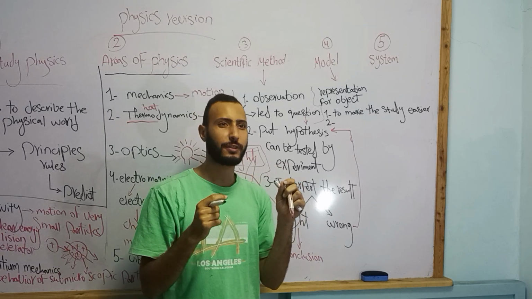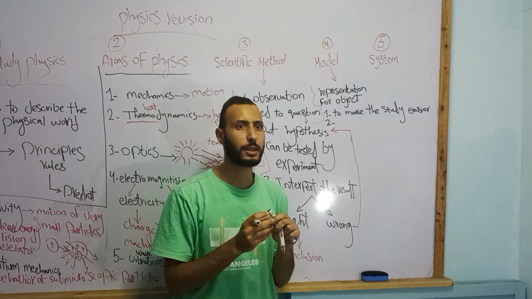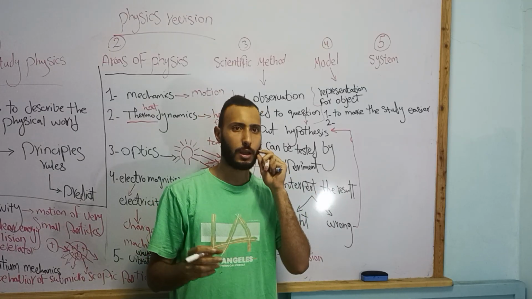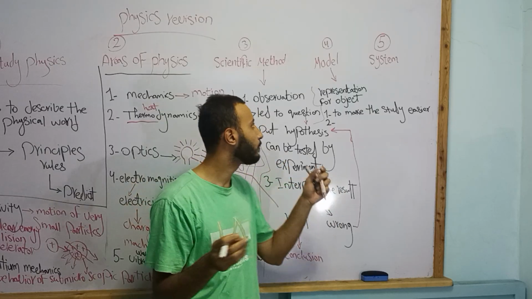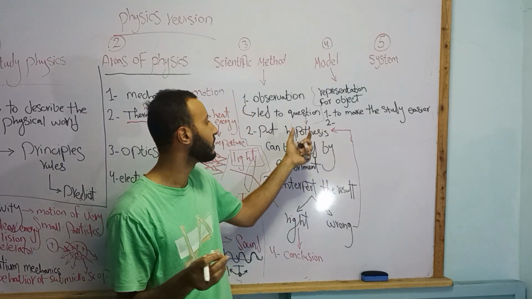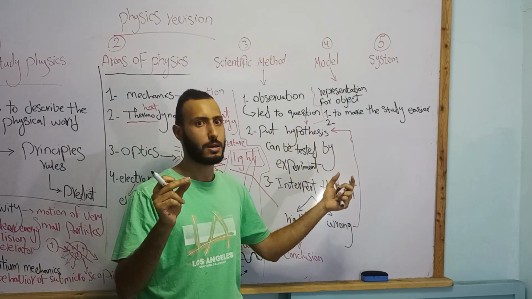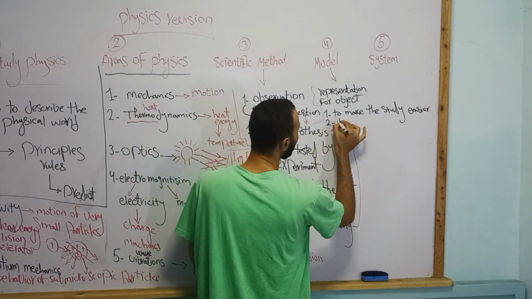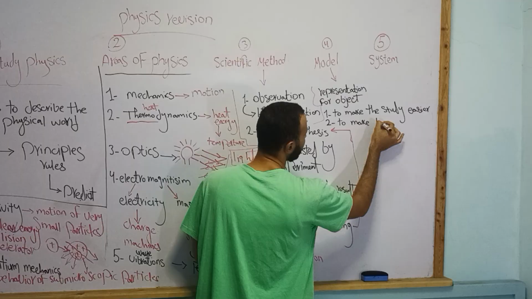So what if the orbit was an elliptical orbit? What if the orbit was a circular orbit? Many questions will come to your mind. So because of that, by the model you can make a hypothesis, you can put a solution, you can get any amazing idea. So to make a hypothesis.